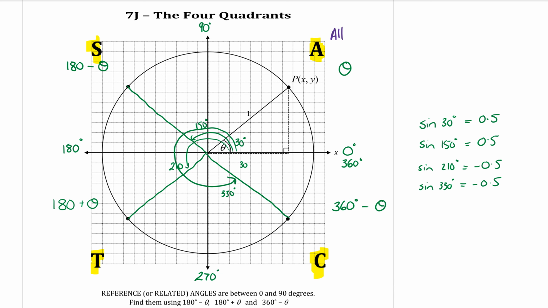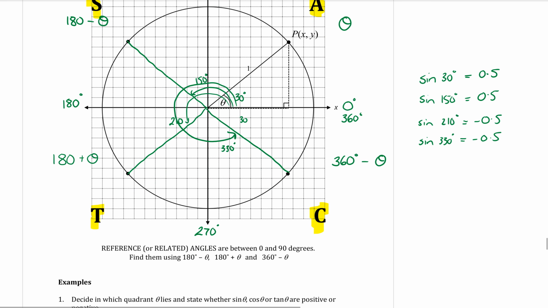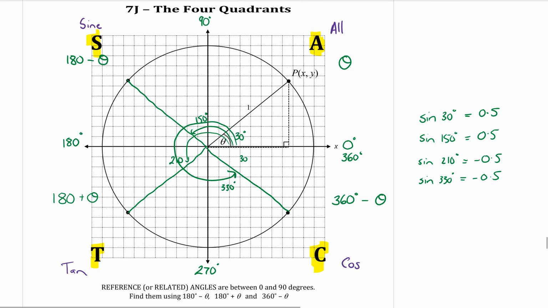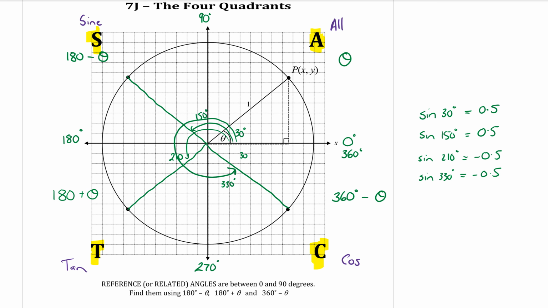S stands for sine, T stands for tan, and C stands for cos. And what they are there to remind you is that in the first quadrant, the A quadrant, sine, cos, and tan of anything in that first quadrant will always be positive. So A is for all, everything is positive in that first quadrant.